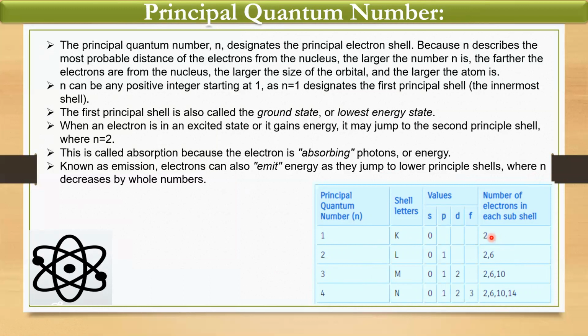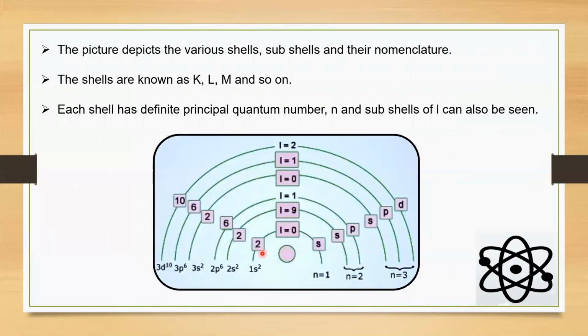So the first shell has 2 electrons, the second 8, the third 18, the fourth 32, and so on. When n equals 1, the value of l is 0, because l equals n minus 1. When n equals 2, it has two values, 0 and 1. For n equals 3, it is 0, 1 and 2. For n equals 4, it is 0, 1, 2 and 3, and so on.